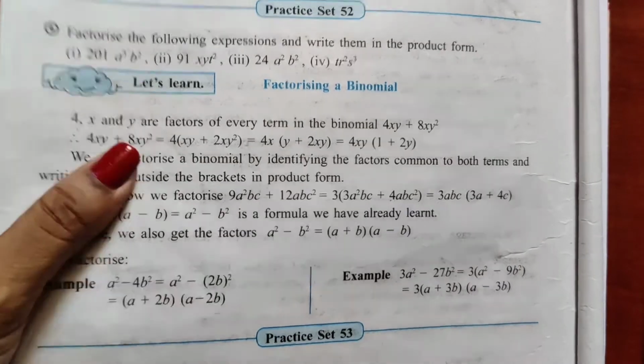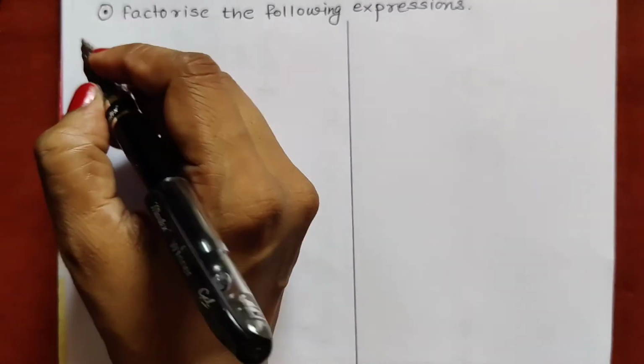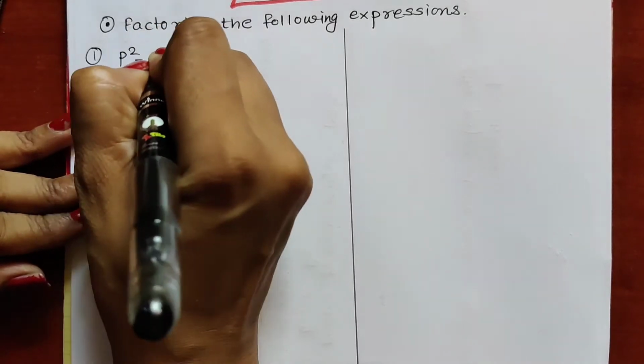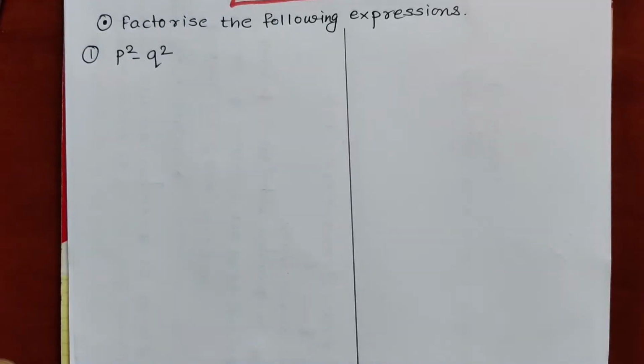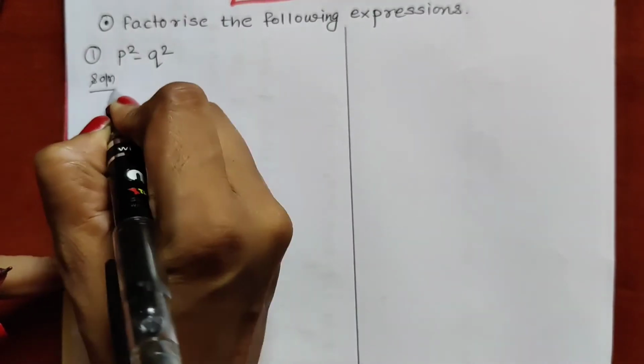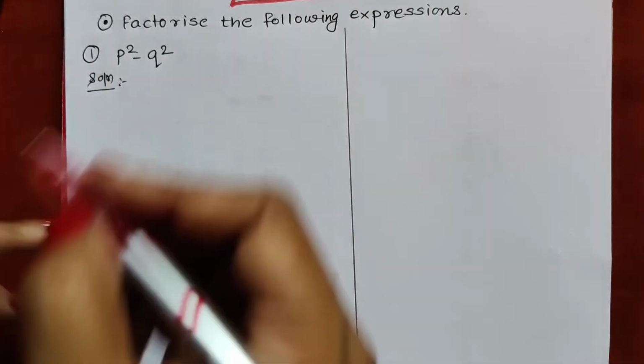First one is p square minus q square. So let us write the question. We directly start our solution by using the formula, because both the terms are perfect square terms.